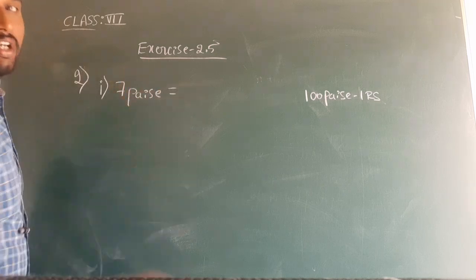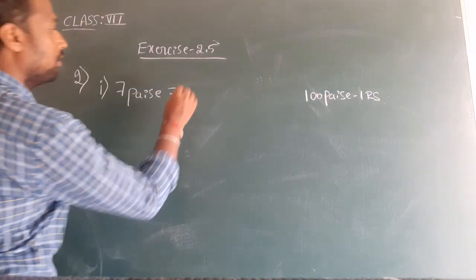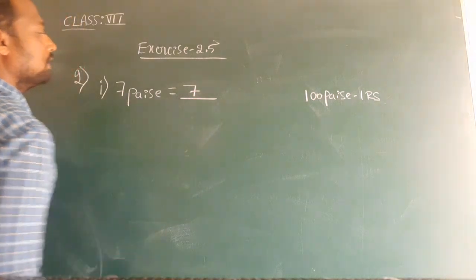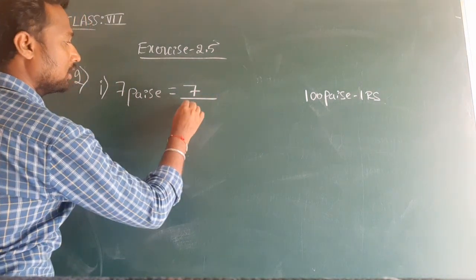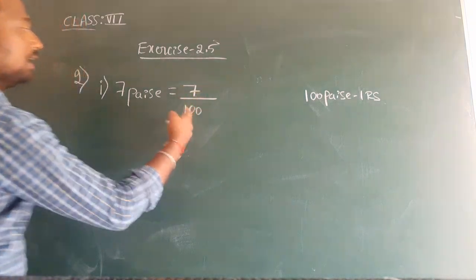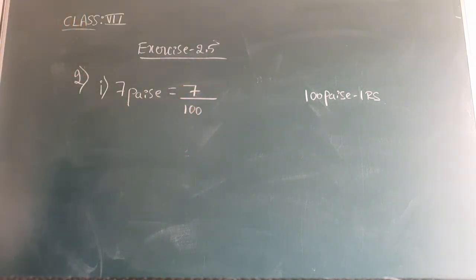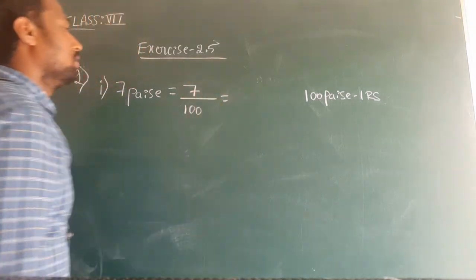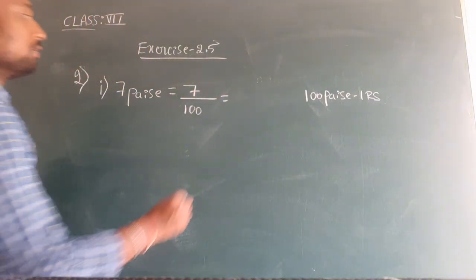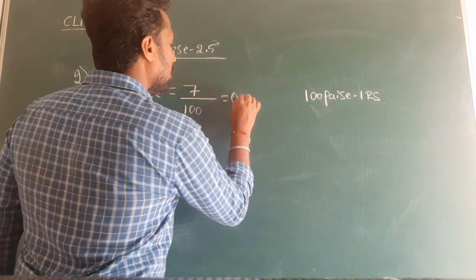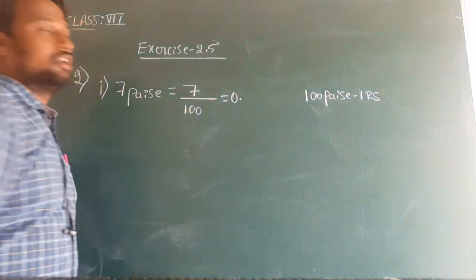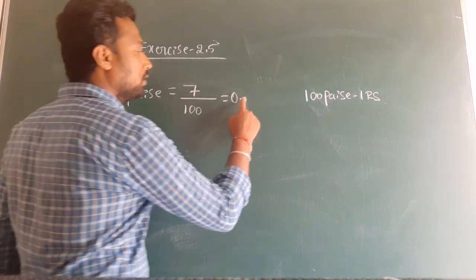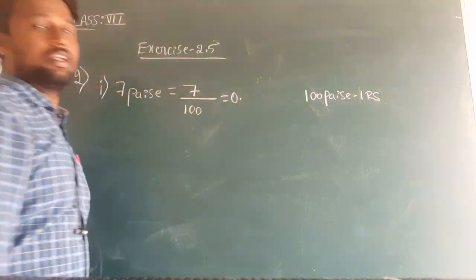So 7 paise, we are converting this to rupees. How will you convert? 7 divided by 100, because for 1 rupee we have 100 paise. So 7 by 100 means what can you write here? 0. How many zeros do we have in 100? Totally 2 zeros. It means after the decimal point you should get only 2 digits.